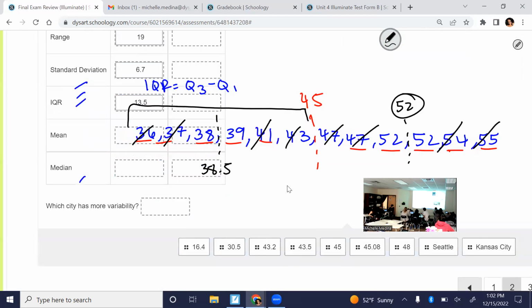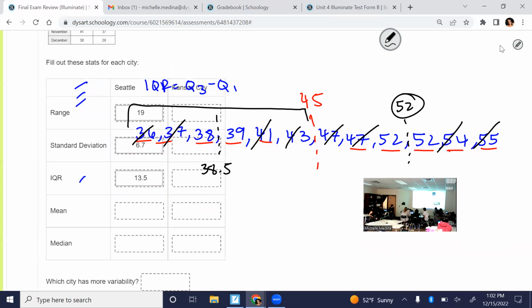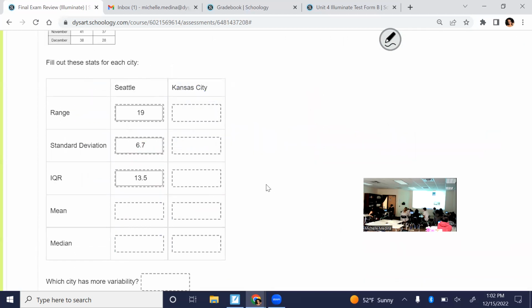How do you guys find the mean of stuff? What is another word for mean? Not median, average. Same thing. So the formula for mean, and that would be a good one to put on your note card if you don't already have it memorized.